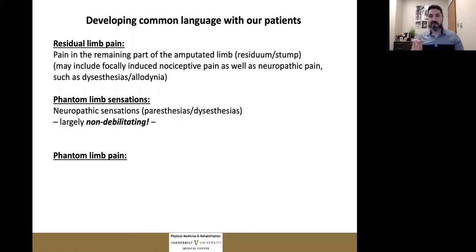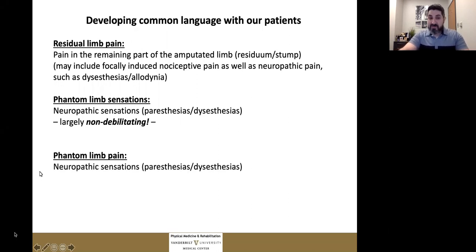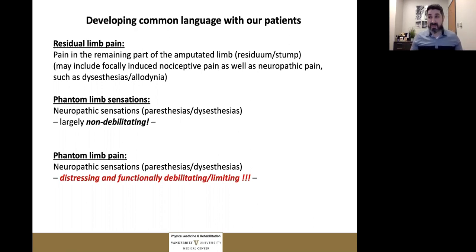Phantom pain is that, oh my God, somebody's stabbing my ankle with a steak knife, or my foot's on fire, my foot's in a vise, and it's very distressing. So the point here is that it's a similar type of neuropathic sensation, paresthesias, dysesthesias, but they're very distressing and functionally debilitating and limiting. If it's taking you right out of that moment, making you sit it out, making you want to take your prosthesis off, that's phantom pain.